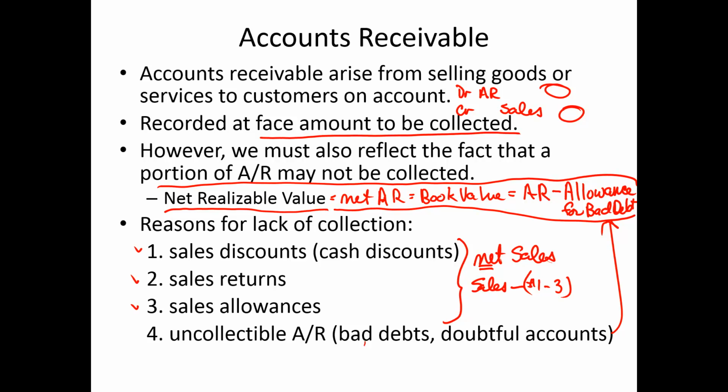And that's different because sales discounts, sales returns, and sales allowances are all contra revenue accounts, meaning the sales that don't stick, whereas the uncollectible accounts receivable through the allowance for bad debts, doubtful accounts, or uncollectible accounts is a contra current asset account because it's subtracted from an asset. So that's the difference there for the accounts receivable.